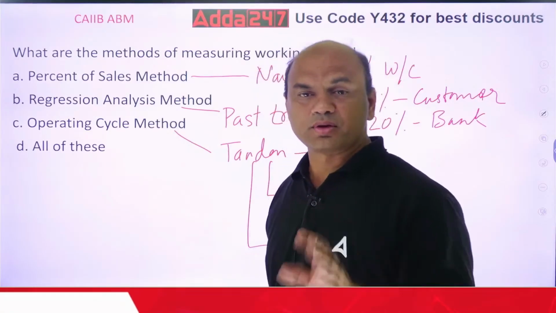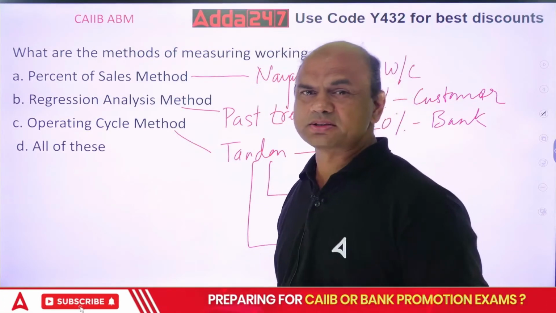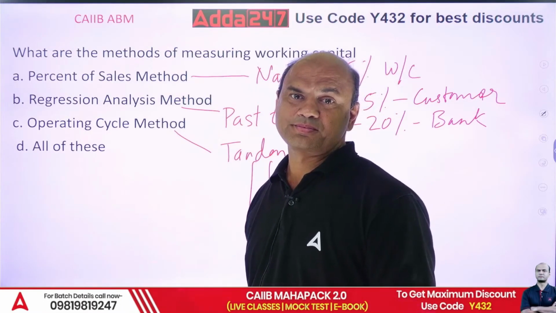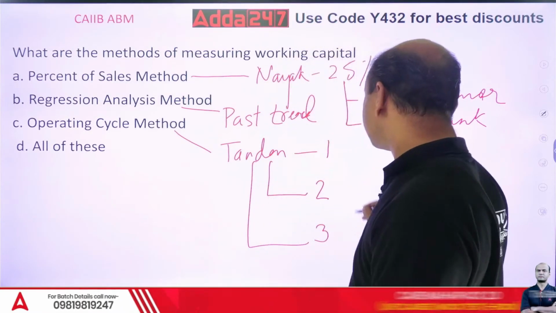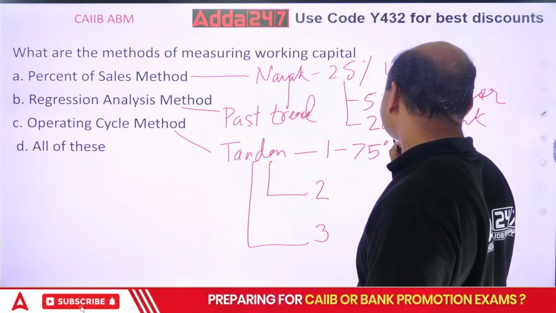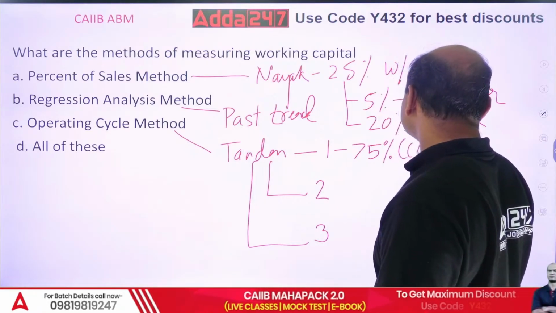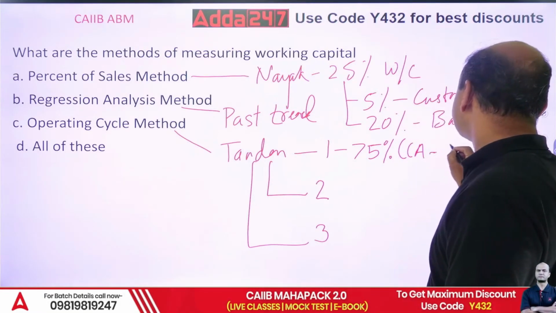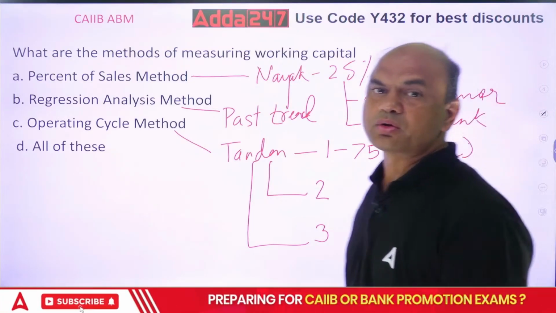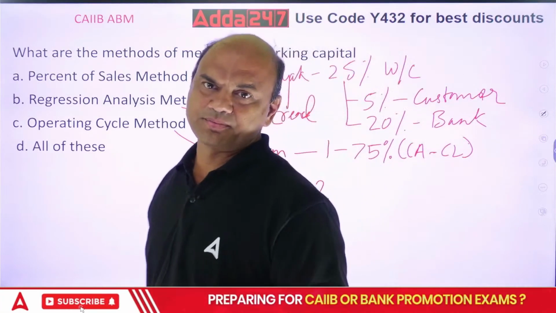Tandon committee method 1. How many of you remember this? In short, it is 75% bank finance: 75% into (current asset minus current liability).